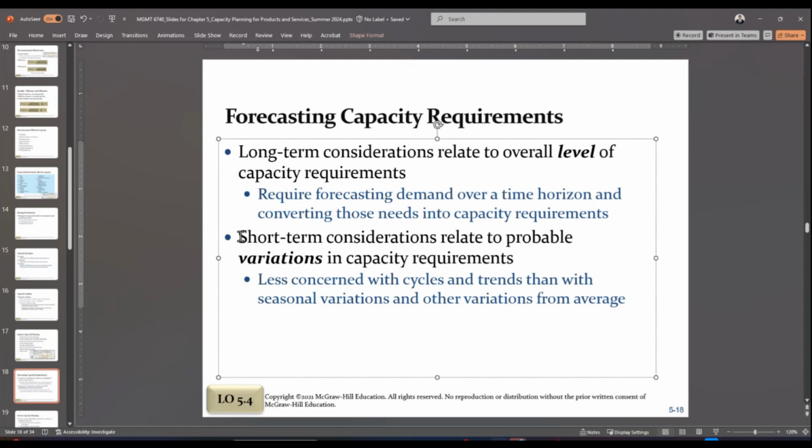But if the customer says that for year one, year two, year three, you have been consistently purchasing 130,000, and for a temporary time period, say the next 3 months, we are going to need 180,000, and then after 3 months it will drop back to 130,000, that's a short-term consideration.